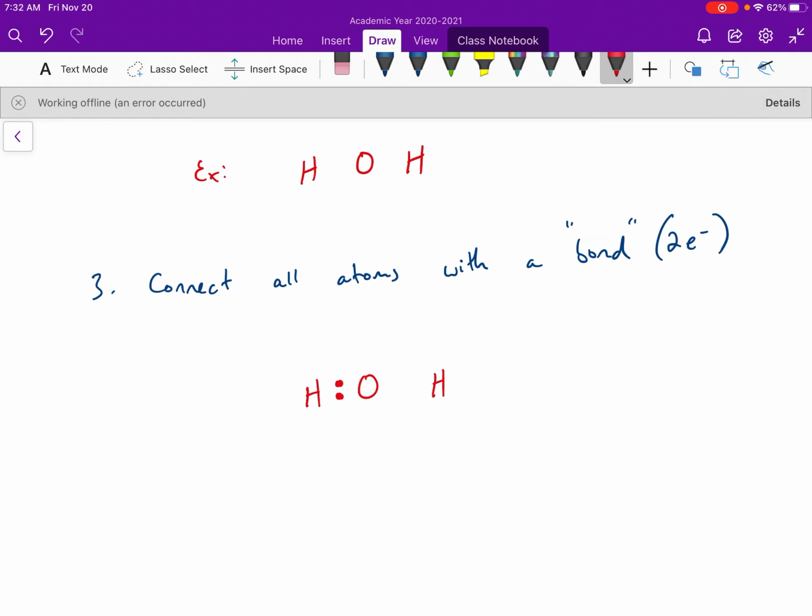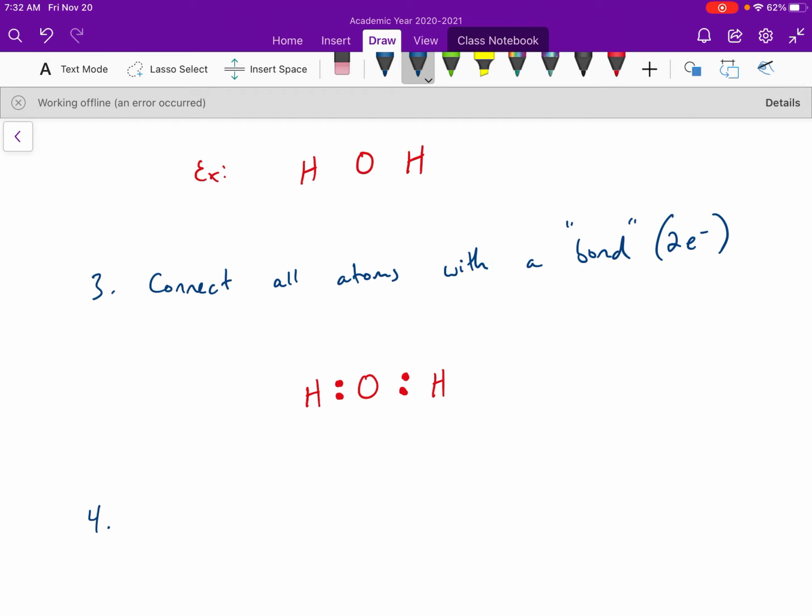I'm just going to put 2 electrons in between, 2 electrons in between. So right now I've used 4 electrons total, and I need to use 4 more. We're just going to connect them all. This is sometimes called the skeleton structure because it's basically the outline of what's connected to what, sort of like the backbone of the molecule.